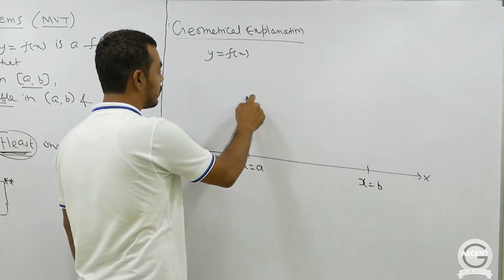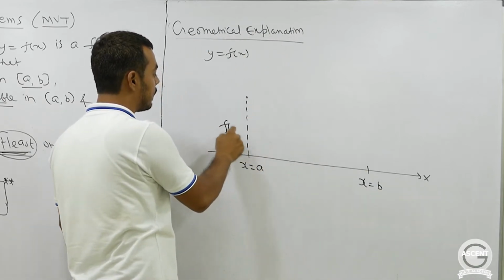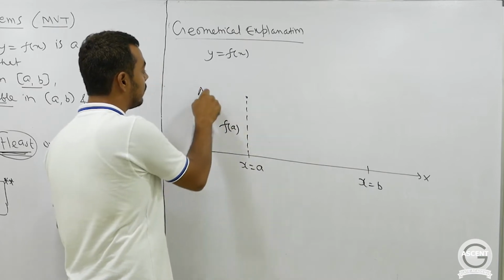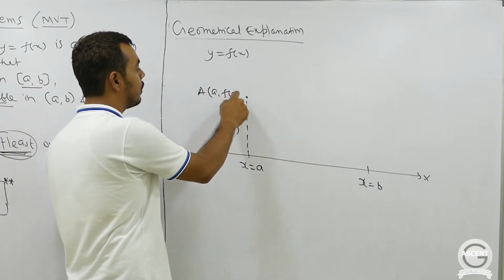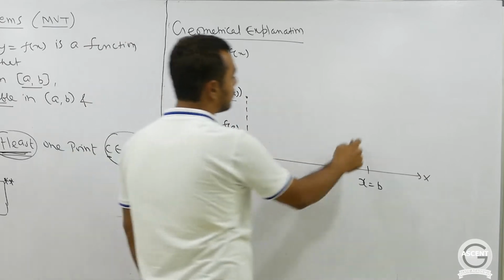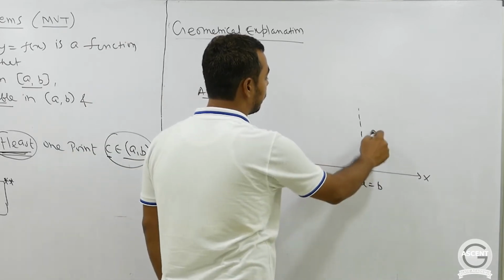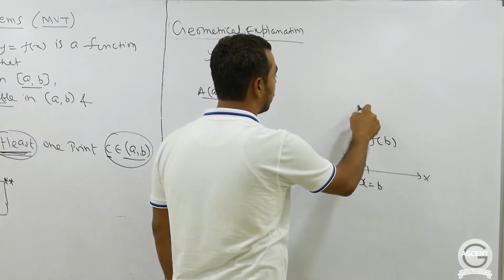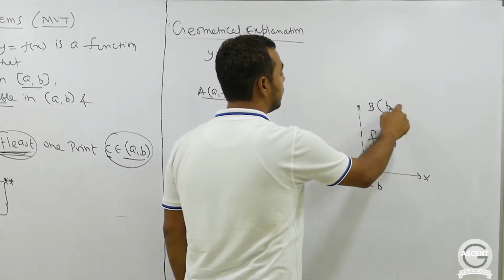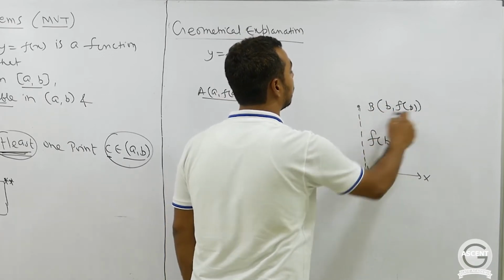So suppose this height is f(a), so this means the coordinate of this point will be x coordinate a, y coordinate f(a), and say this point is b. Since f(a) is equal to f(b), these two heights are the same. This point is b, x coordinate b, y coordinate f(b).